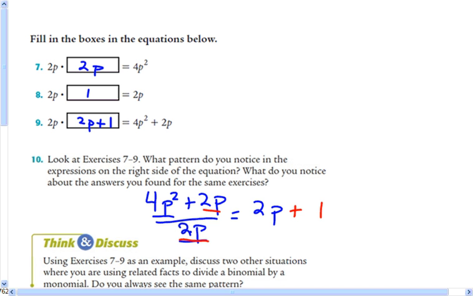And then we added those to get the answer. So you can also think of this as 2 division problems. We can do 4p squared divided by 2p. 4 divided by 2 is 2. And p squared divided by p, remember, you subtract the powers, equals p to the first. And then the second division problem is 2p divided by 2p, and any number divided by itself is 1.